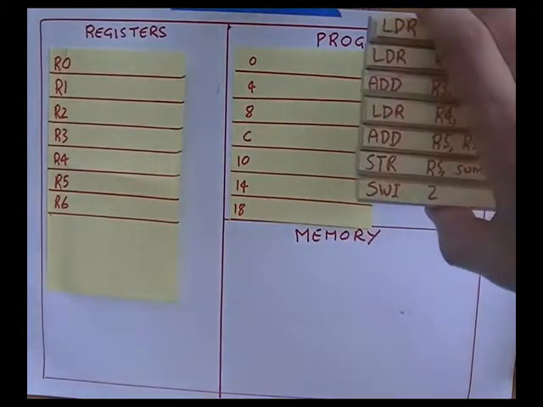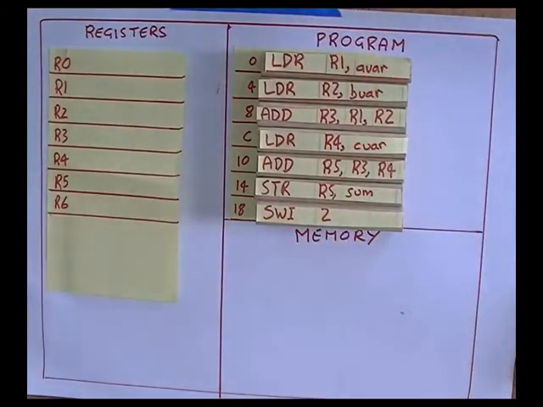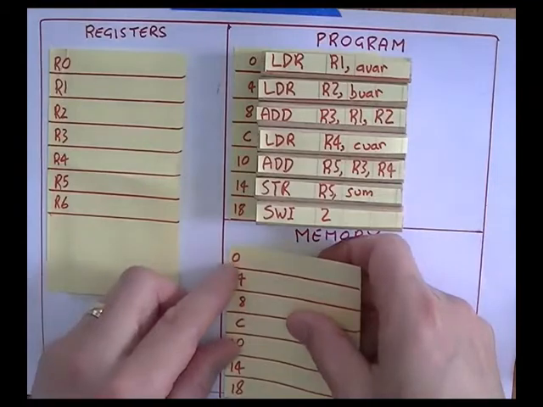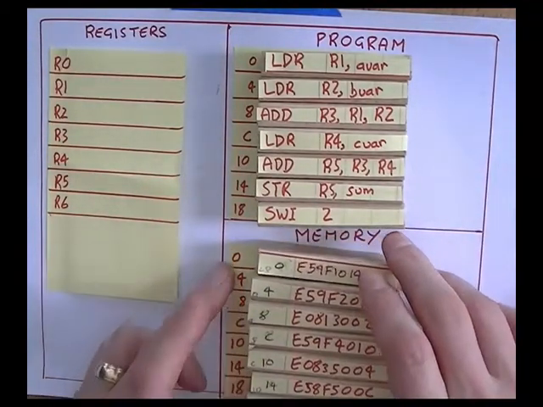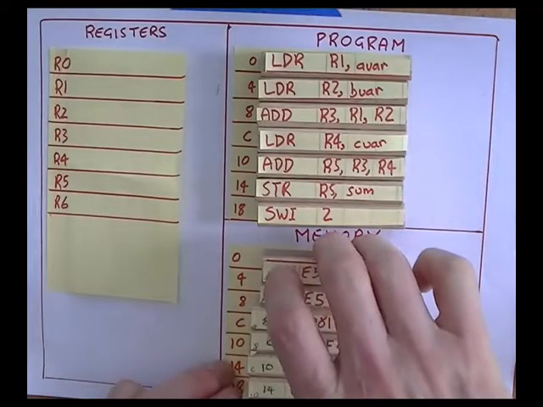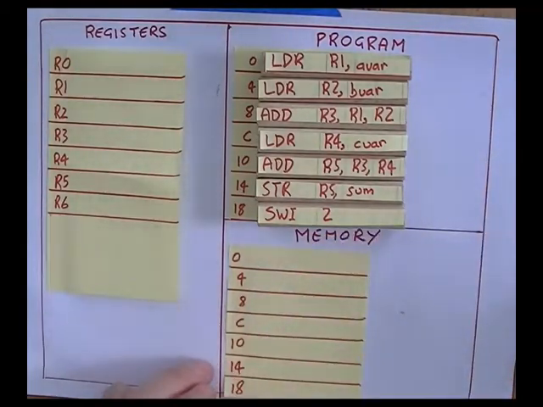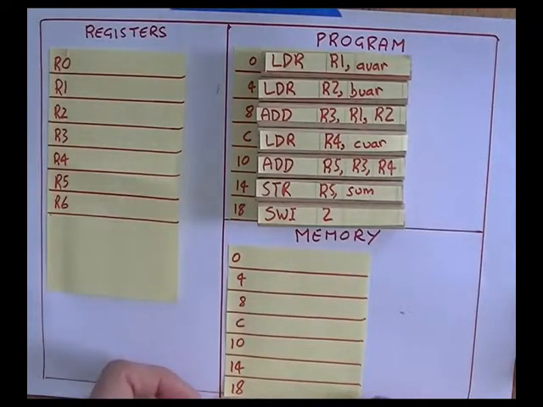So when you do that, it will appear in the top window like so, and also a numerical representation of it will appear in the bottom window. So then you execute each instruction in the program sequentially. So what actually happens here, and we'll just show you where the data is because the data is below the program.